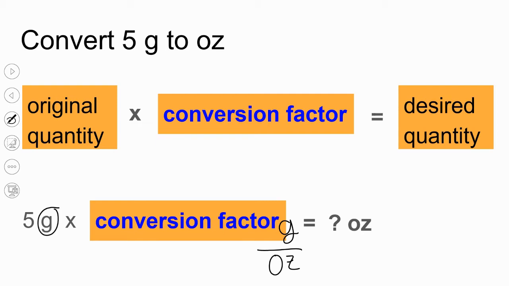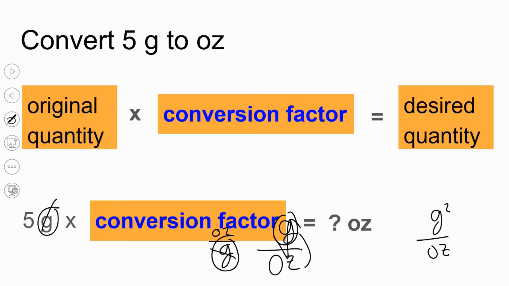This is saying grams times grams divided by ounces. If we do it like this, we will get grams squared over ounces. So all we have to do is we just flip it, okay? So we need ounces on the top, and grams on the bottom. So now we have grams on the bottom, grams on the top, and we'll end up with ounces.